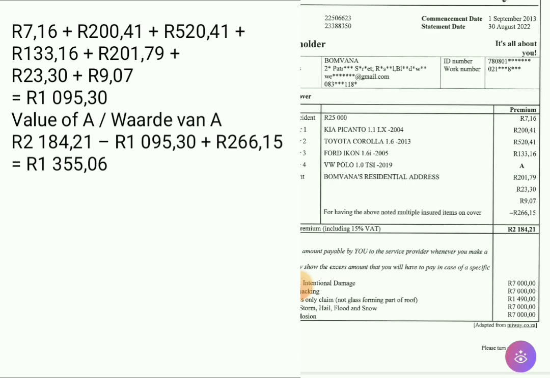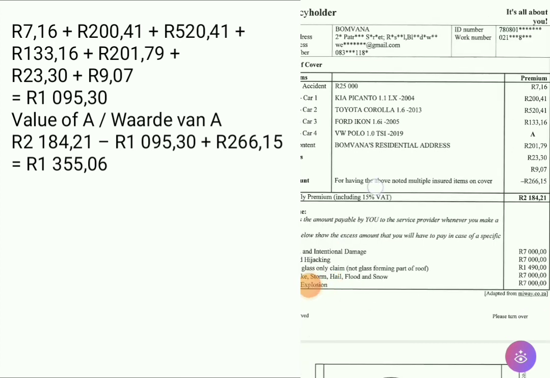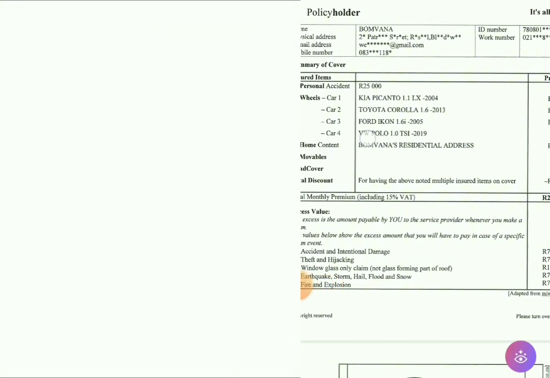We say 2,184.21 minus 1,095.30, the total we found when we added the 7 numbers, plus 266.15. So the final answer is 1,355.06. That's the final answer.